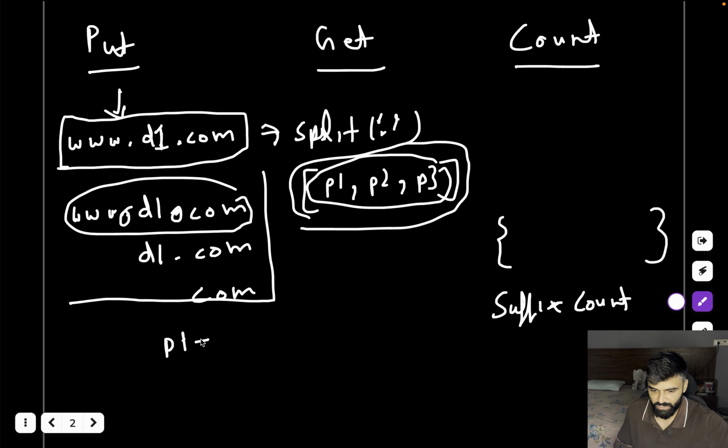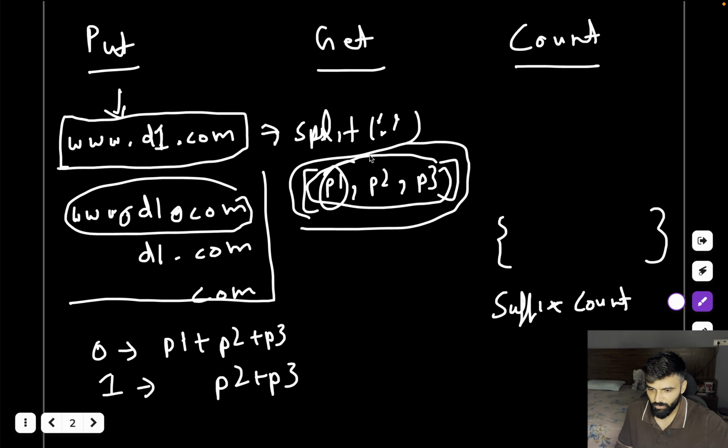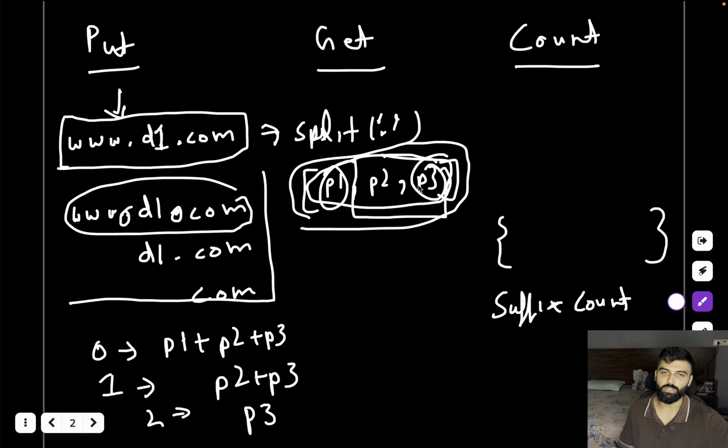My first suffix will be P1, P2, P3. Second suffix will be P2 plus P3. So this will be my first iteration, this will be my second iteration. For the second iteration I need to remove this, so I will use the slice method and get this and join them. And then for the third iteration I will have my suffix as P3 only.